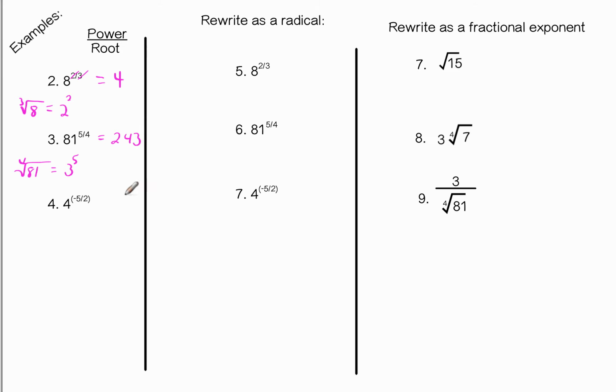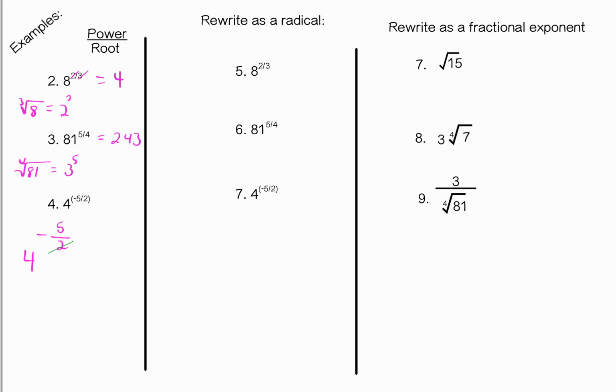Now here's an interesting one, 4 to the negative 5/2 power. Well, I'm going to rewrite this here just so you can see it. There are really 3 things you have to do here. You have to take 4 and raise it to a negative, which means I'm going to end up flipping something. I have it raised to the 5th power, and I have it raised to the root power of 2. So I am first going to do the root.